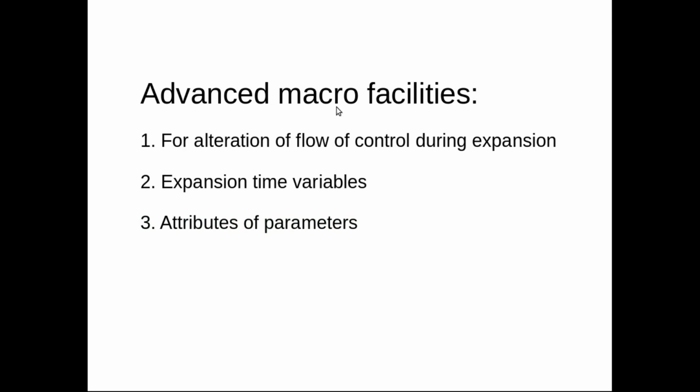Using these facilities we can also define some expansion time variables, which will be used at the time of macro expansion, and we can make use of the attributes of the parameters, the actual parameters.